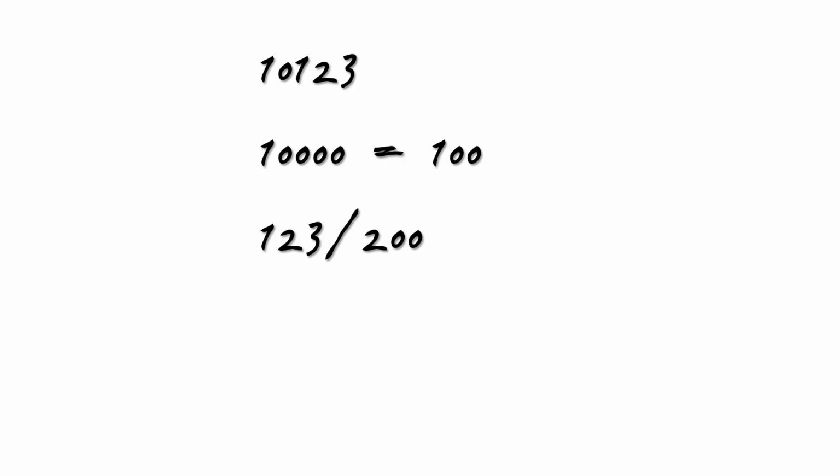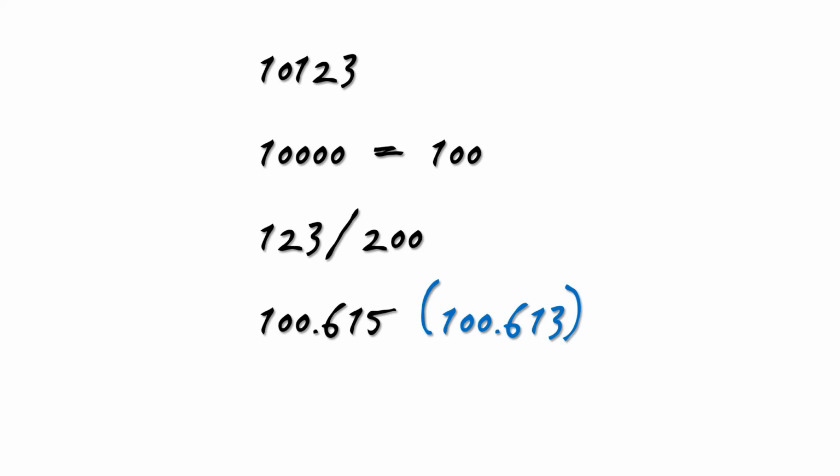What's the difference between the number we started with and 10,000? Well, the difference is 123. What's 2 times 100? Well, that's 200. So that leaves us with the extra bit being 123 200ths as our answer. Now, if we convert 123 divided by 200 to a decimal, that's 0.615.